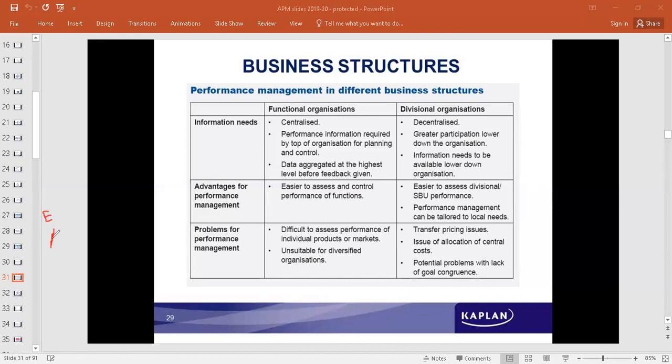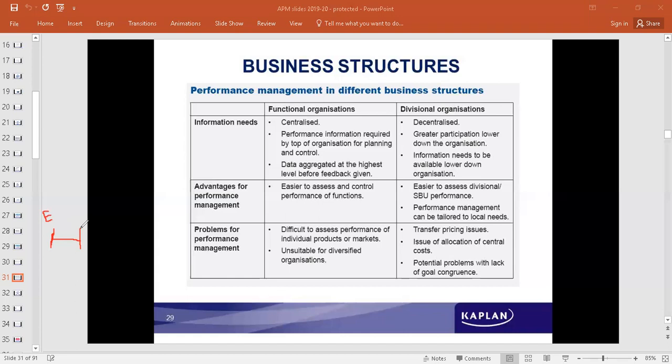But as the size keeps increasing, we see that it may not be possible for the entrepreneur to manage all by himself. He cannot manage it. So then what is done is, the work is grouped together based on the functions.